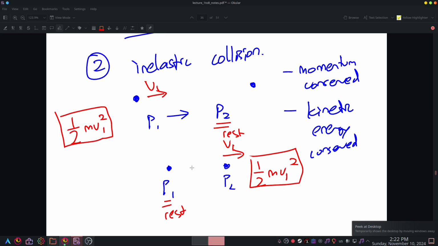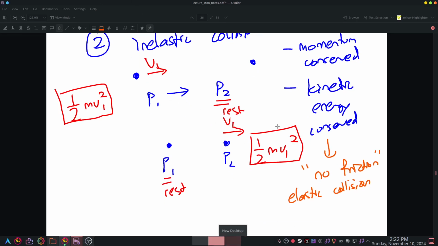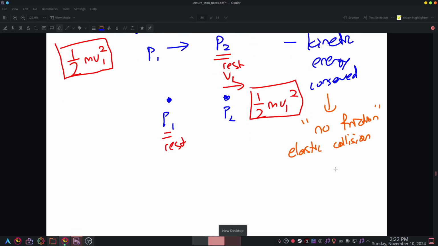Pretend there is no friction. If you didn't understand the math, roughly what this is saying is that there's no friction. This is called elastic collision.